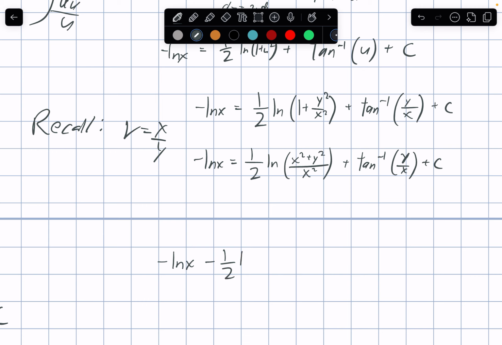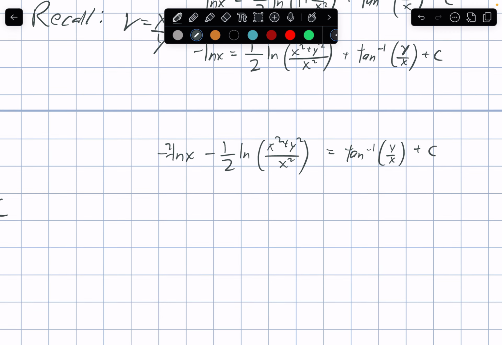Negative ln x minus 1 over 2 ln x squared plus y squared over x squared equal to arctangent y over x plus c. This can be 2 over 2. So negative 3 over 2 combined.